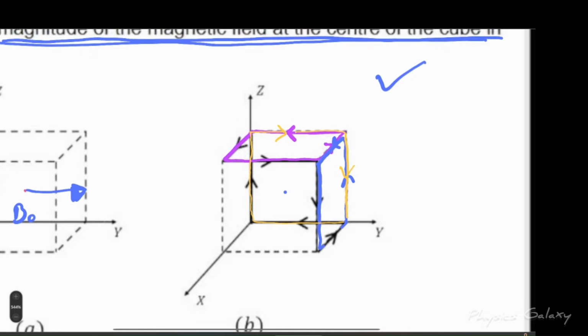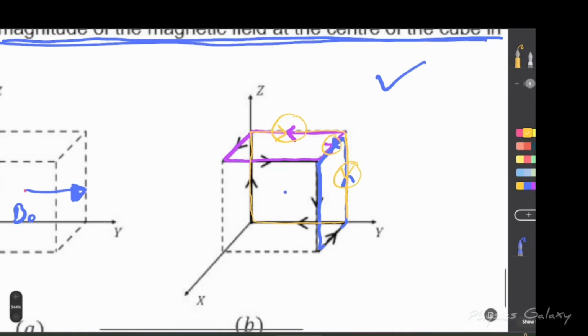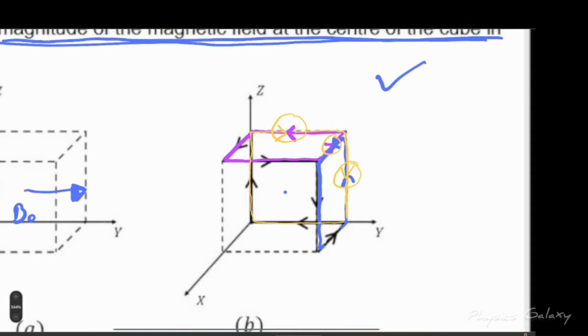So you can see that wherever there was no current initially, the added currents cancel out. So all three added currents cancel out, but in the resultant we have three loops. The first loop is the side loop, and the current is going like this, right?